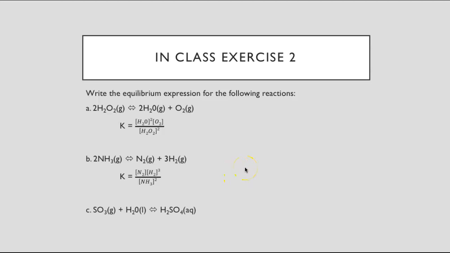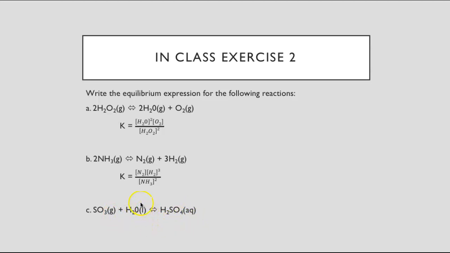Right, so let's look at the third example. We have SO3 plus water yields H2SO4. Again, we said that in an equilibrium expression, we only include things that are gases or aqueous. We do not include things that are liquid.